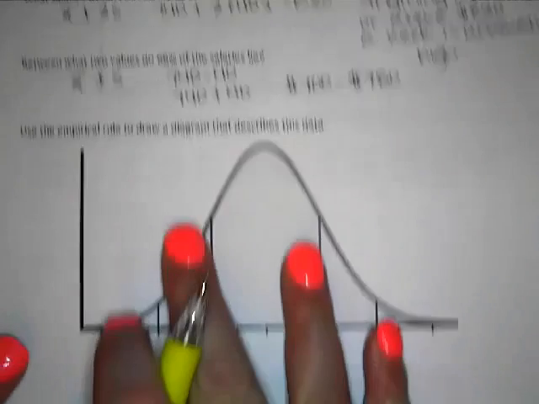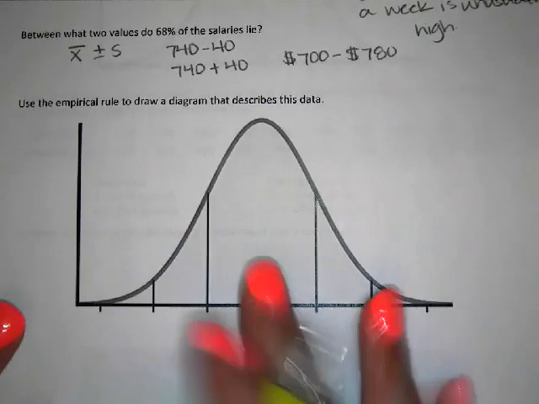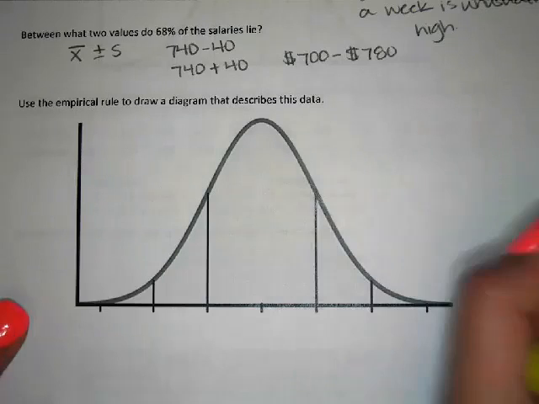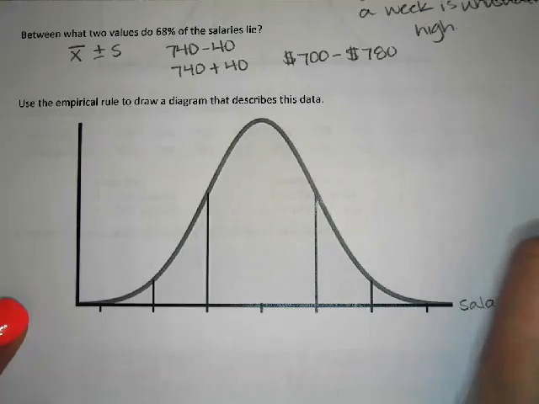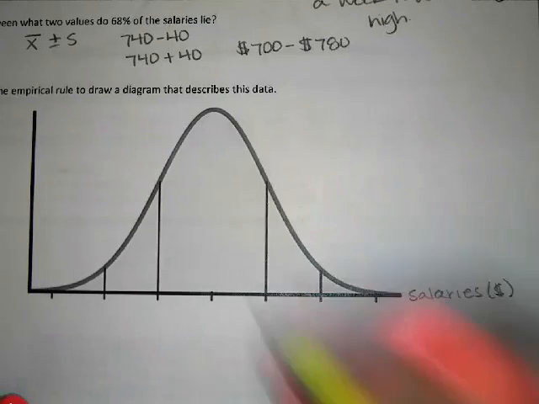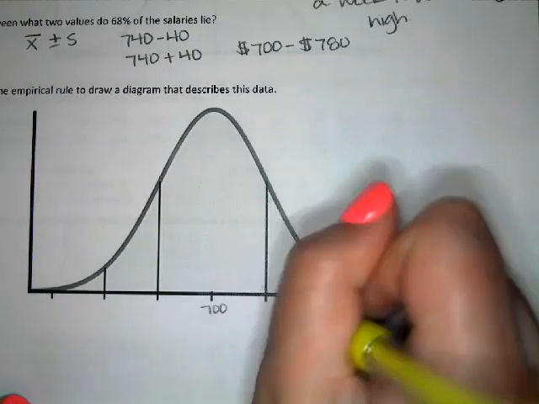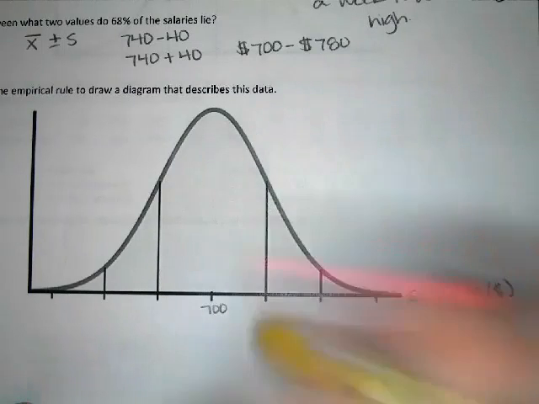Okay, use the empirical rule to draw a diagram that describes this data. So along the x-axis, we would have salaries listed in dollars. Units are dollars. The mean is 700. So we're going to add one. Nope, it's not 700. Sorry, it's 740.